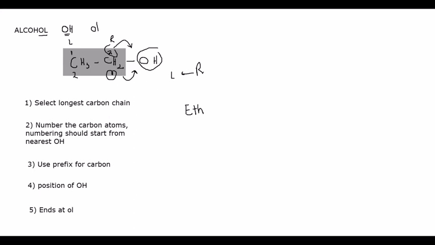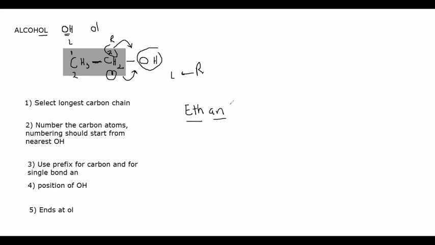Because they have a single bond between them, instead of writing A and E, you will write AN only. So it is eth because there are two carbons, and AN because of a single bond between the two carbon atoms.